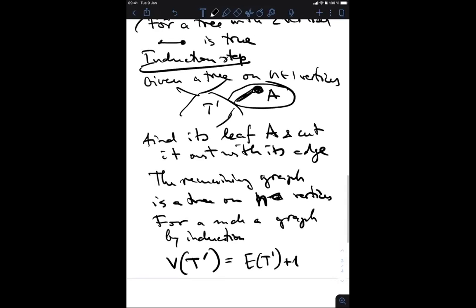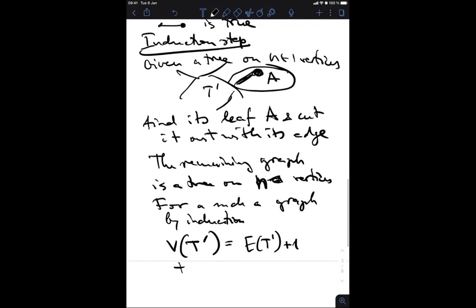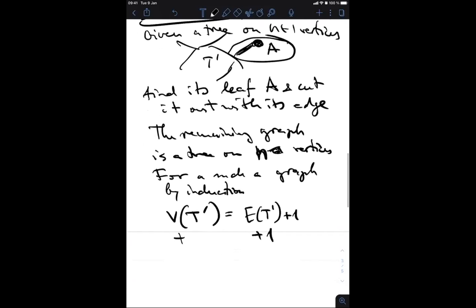And then we'll be just adding 1 edge and 1 vertex. So plus 1 here, plus 1 here. And we'll be getting V of T equals E of T plus 1 for our tree on n+1 vertices. So that's how the argument goes.